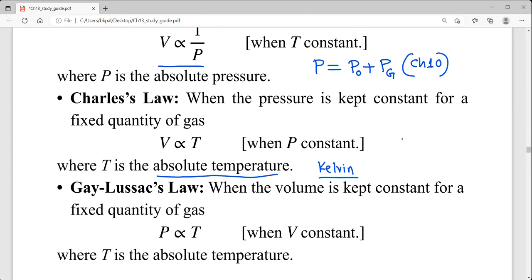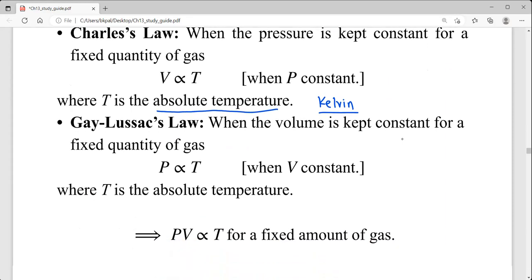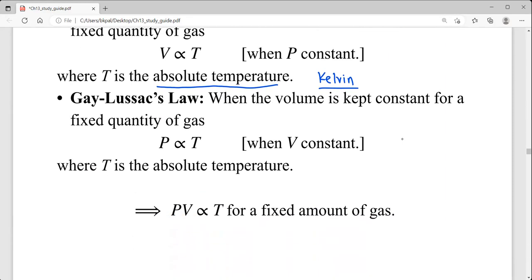And the last one is Gay-Lussac's law, and it is the relationship between the absolute pressure and absolute temperature. Pressure and temperature are proportional to each other when the volume is constant. Now when you combine these three equations, you get this equation: PV is proportional to T for a fixed amount of gas.